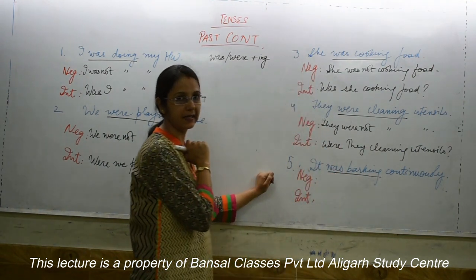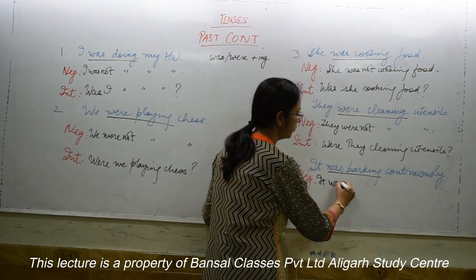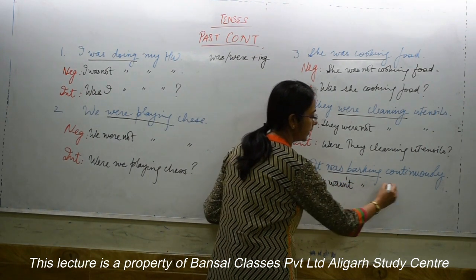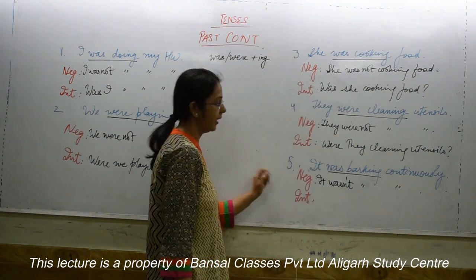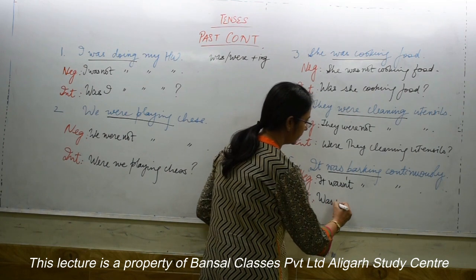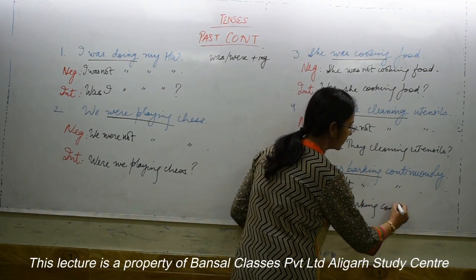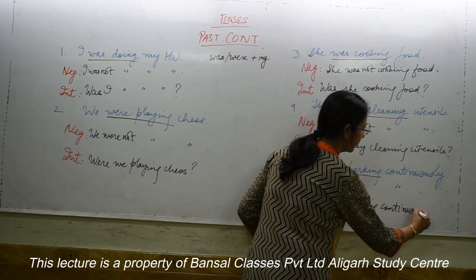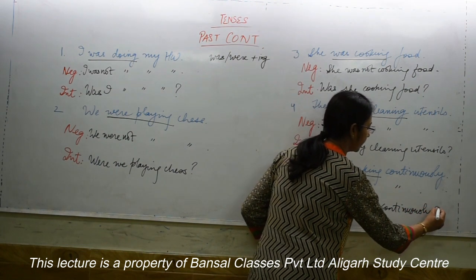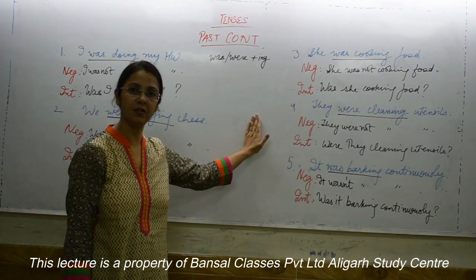So, it was barking continuously. Negative form, it wasn't barking continuously. And the interrogative form: was it barking continuously? So this finishes our past continuous.